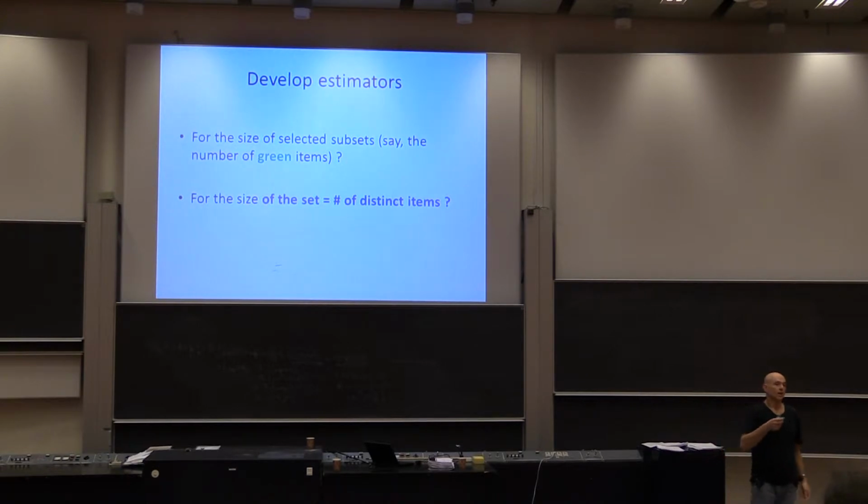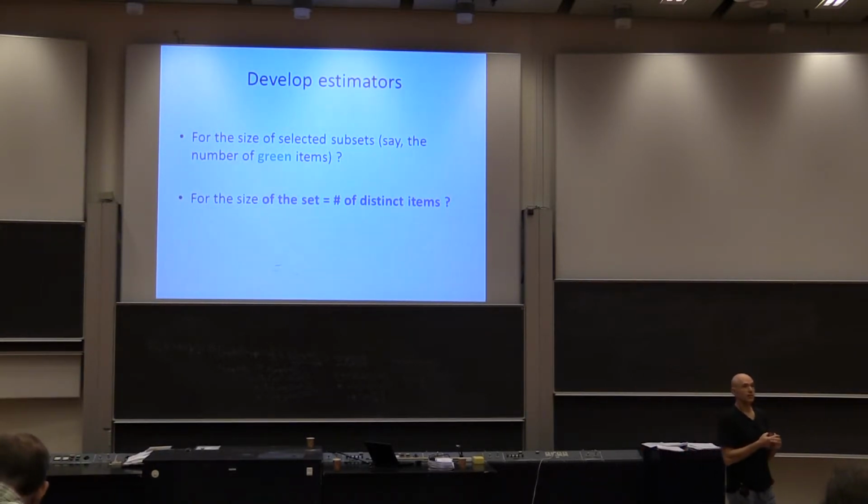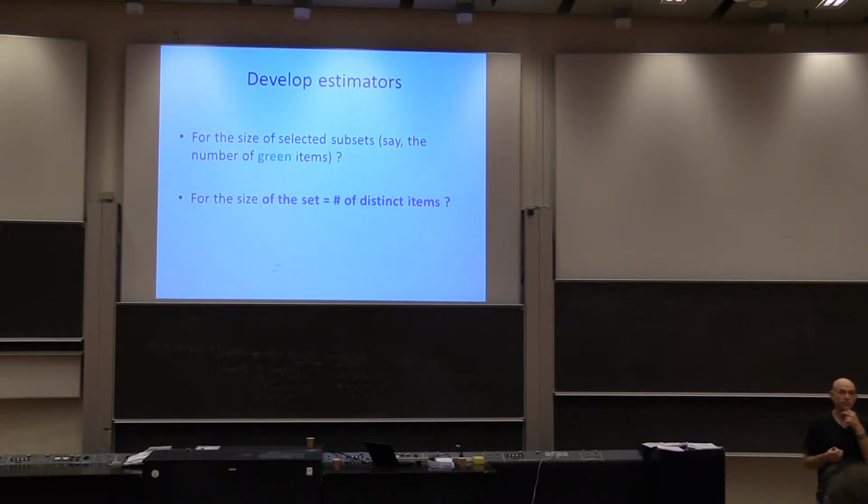Say, I want an estimate of the number of IP flows which go to a particular destination IP address, or with a particular port, or with a particular size. So there is some predicate on some metadata associated with the item that specifies a subset, and I want to develop estimators such that from the sample I could give you an estimate for the subset that satisfies the parameters of the query.